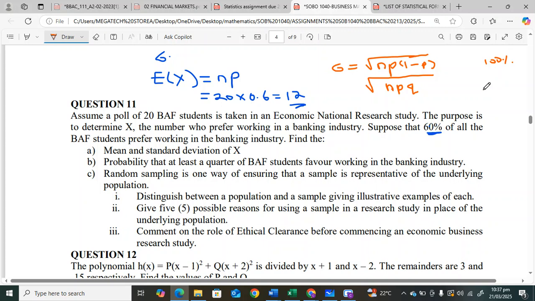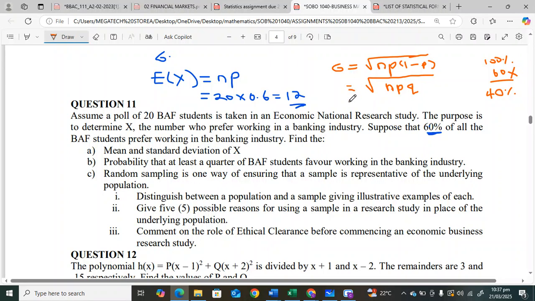Just remember with probabilities, when it's in percentage form, percentages add up to 100. In most of these questions you'll be given your p, and q is for you to determine yourself. So 100 minus 60%, we get 40%, and we present it as 0.4.